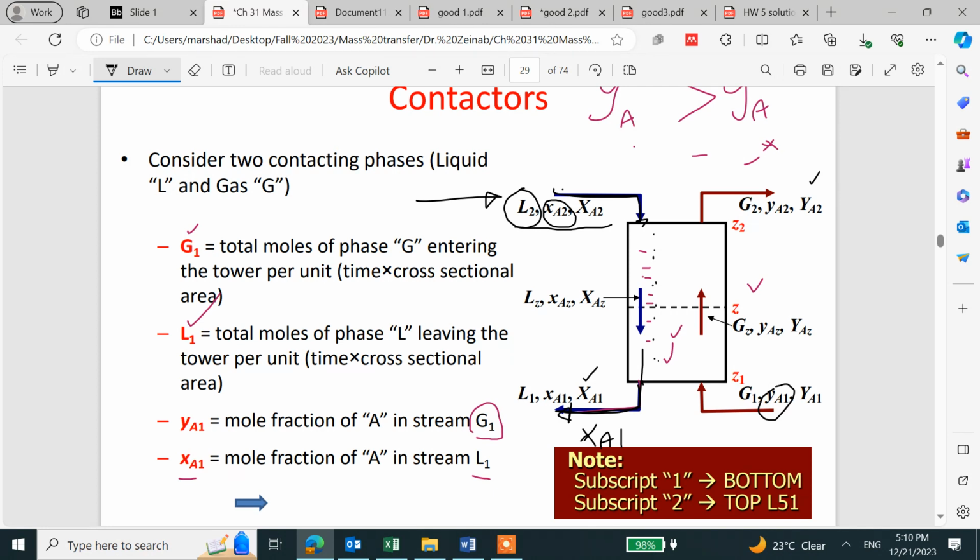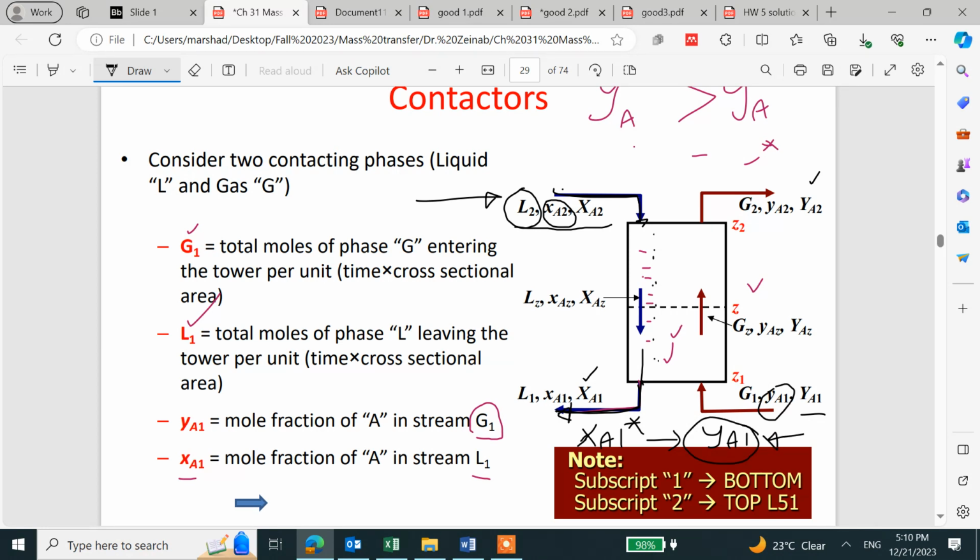Then this XA1 will be in equilibrium with YA1. So we want more, but the minimum flow rate will give me the concentration of XA1 in equilibrium with YA1. Then only is separation possible. So XA1 will be the XA star with respect to YA1.